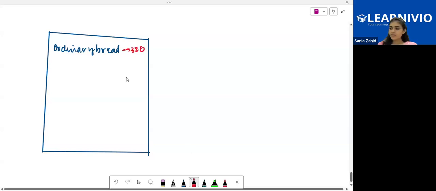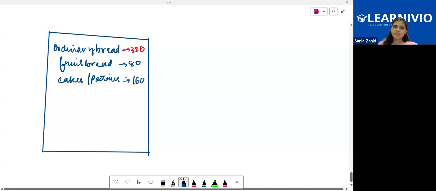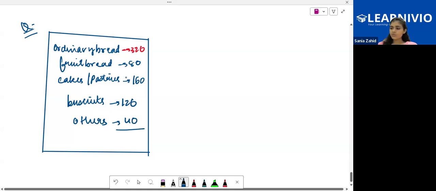Then the person has purchased some fruit bread for 80 rupees, cakes and pastries for 160 rupees, biscuits for 120 rupees, and other things for 40 rupees. So total bill is 720 rupees. Now you have to draw a pie chart of it.